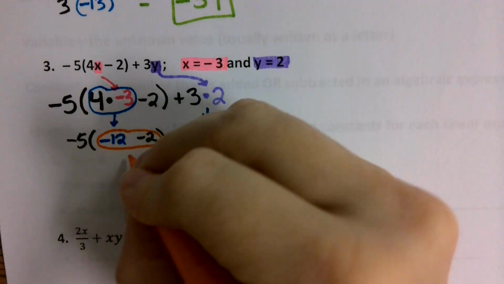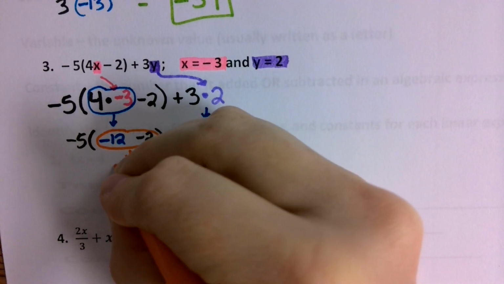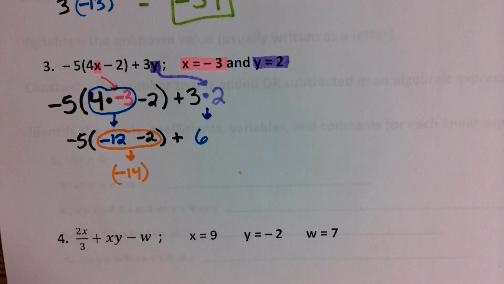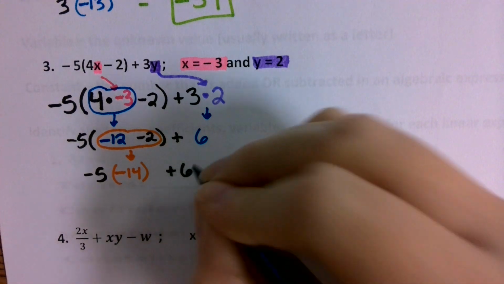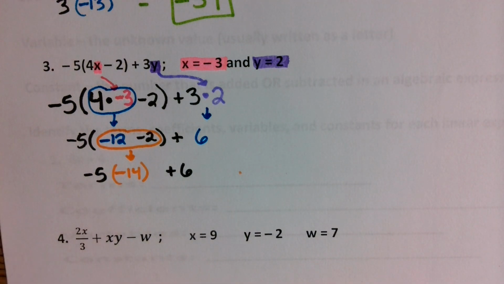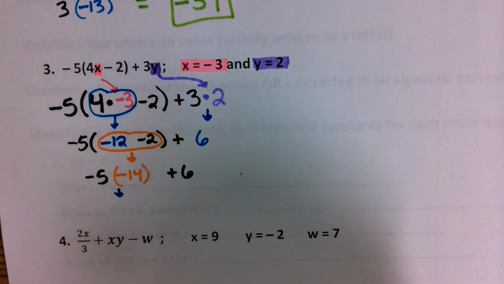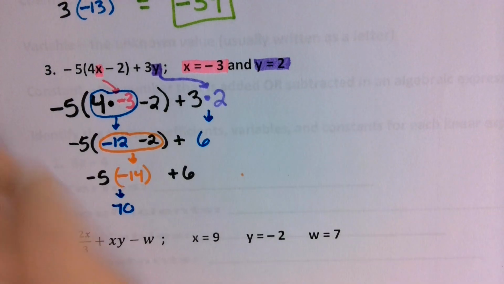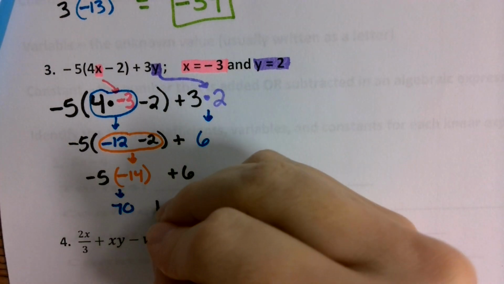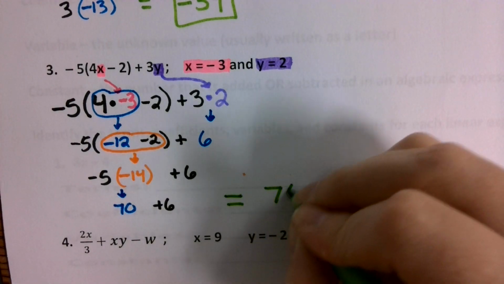We have to do our subtraction in the parentheses first. That would come out to negative 14. So then we have negative 5 times negative 14 plus the 6. Then we would just go ahead and multiply negative 5 times negative 14, and that's going to come out to a positive 70. And then we're going to add the 6, and we should get what? 76. Did you guys get 76 in your calculator? Yeah. Very good.